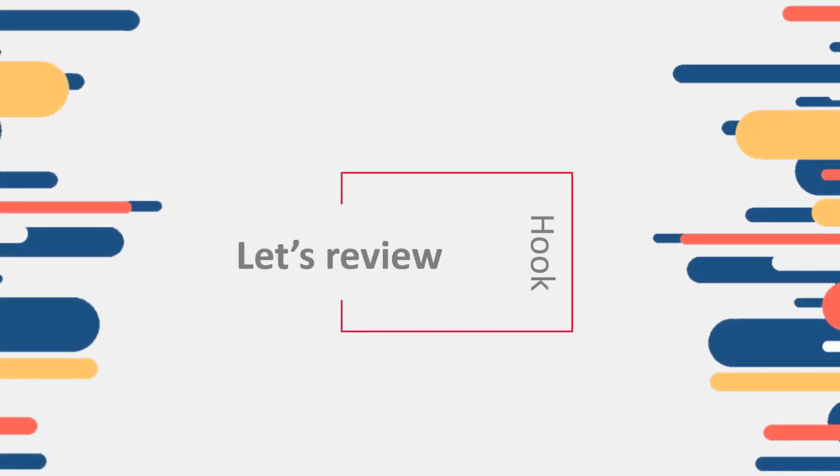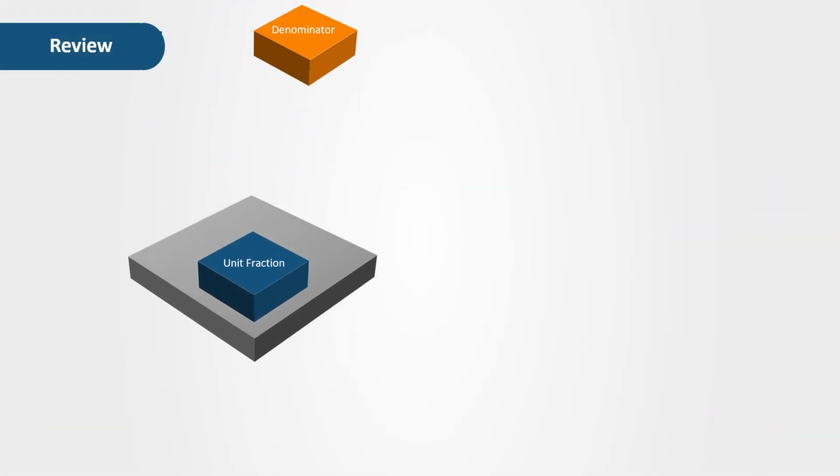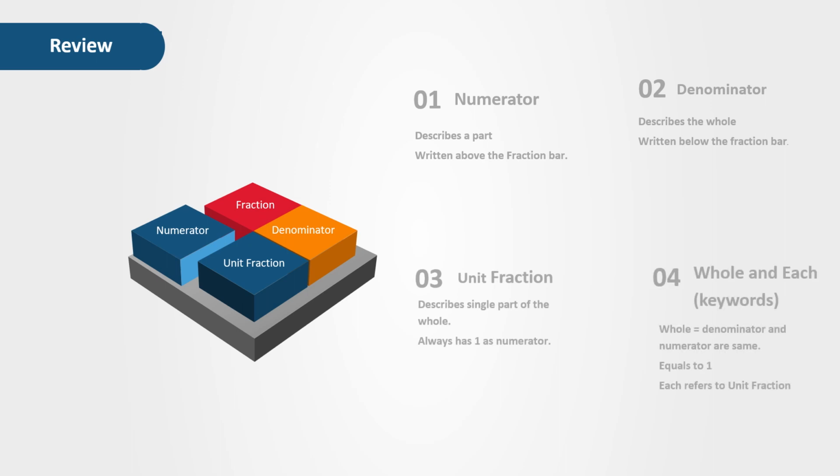Okay, let's have a look at what we know about fractions, what we have learned so far. So we learned about numerator and denominator. The numerator, we all know, describes a part.